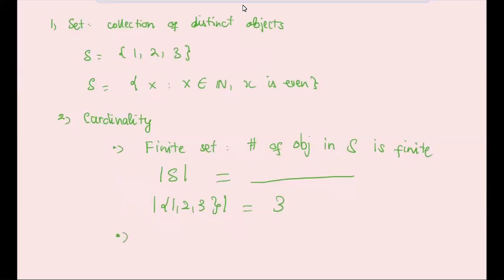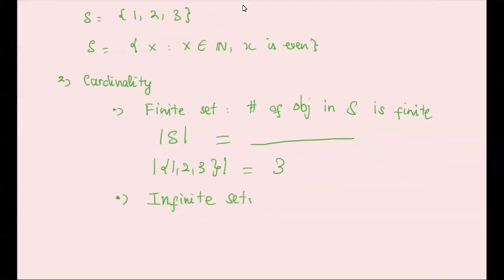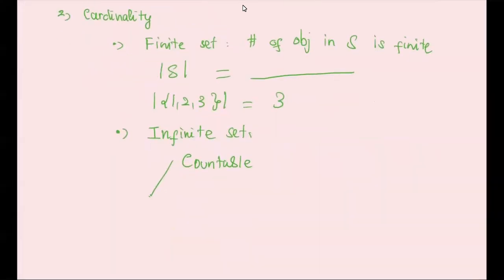Move on to the second case when we have infinite. There would be 2 subcases in this. The first one is it is infinite, but it is countable. And the second case is when it is infinite, but it is uncountable.